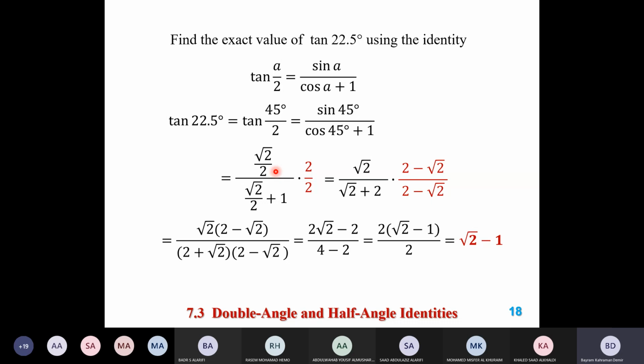And of course, the rest is easy for you to practice, the Math 001 practice, rationalizing the denominator or something. So at the end, you will get √2 minus 1. All right, √2 minus 1 is tangent of 22.5.